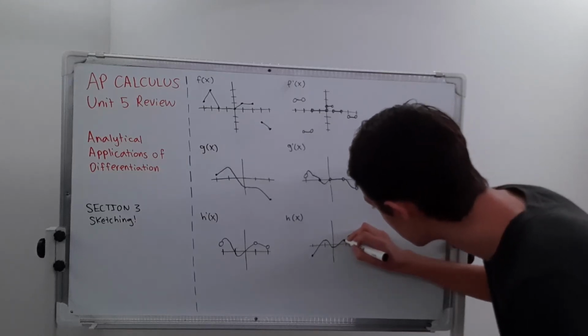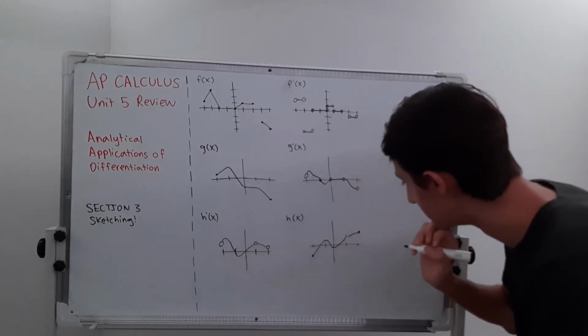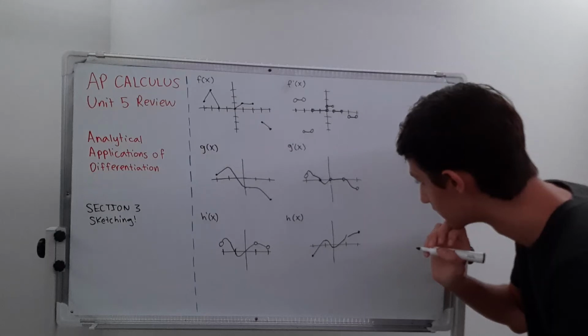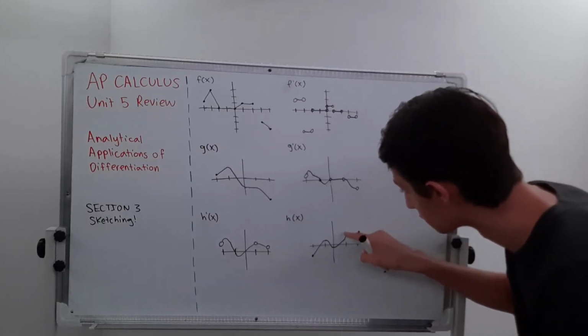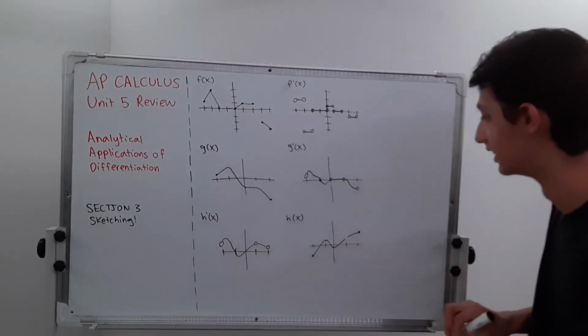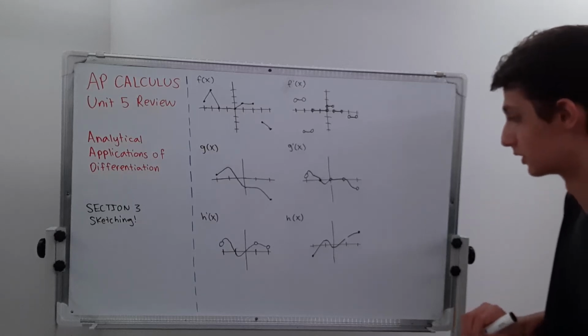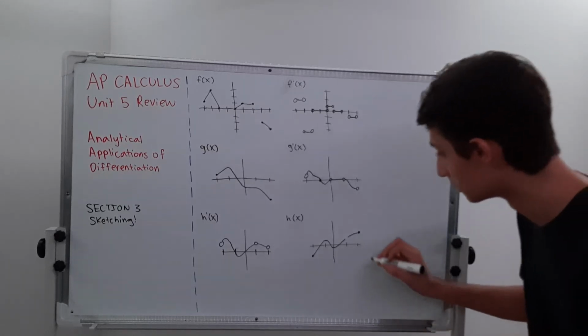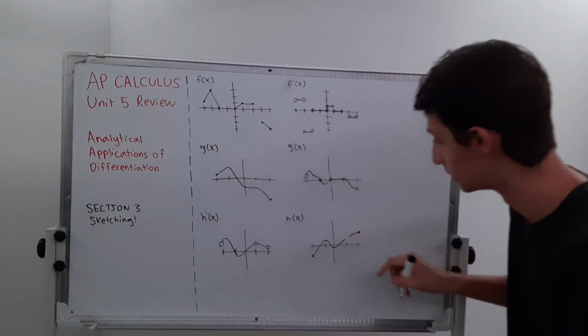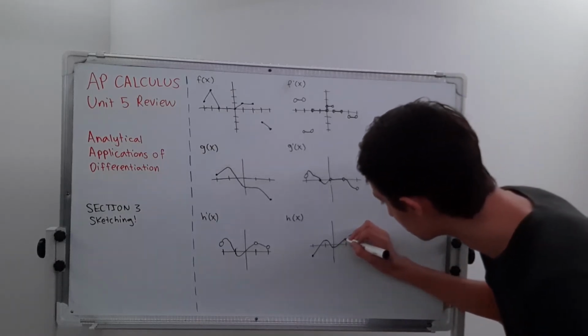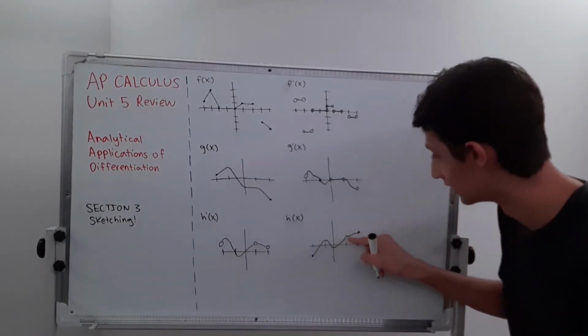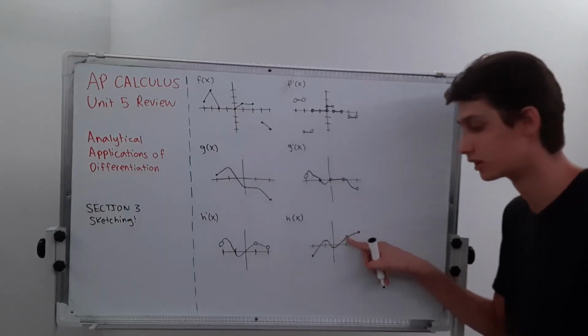There could be a couple ways your derivative doesn't exist, but the best way to do it is to do a cusp. Oh wait, no, we can't do a cusp, because if we did a cusp, it would have to be like that, and then you can see that your slope is negative for a little bit there.